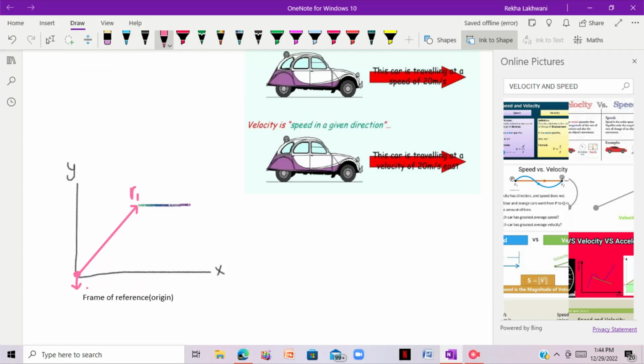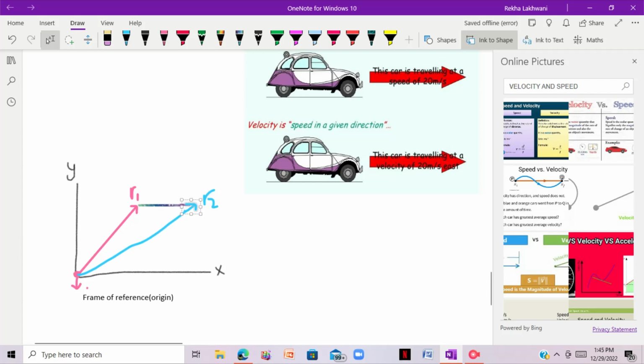Now this vector is here, and it is known as r2. So as you can see, r1 and r2 are basically the space coordinates.